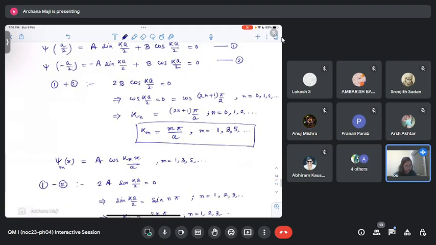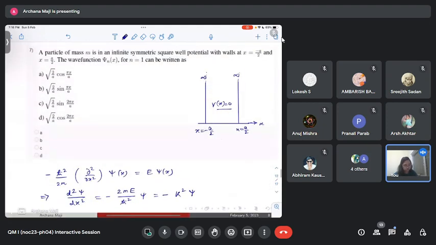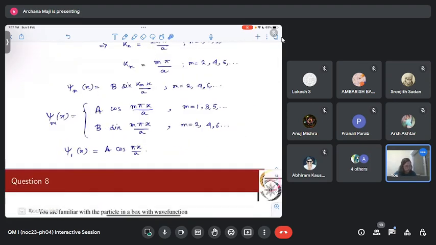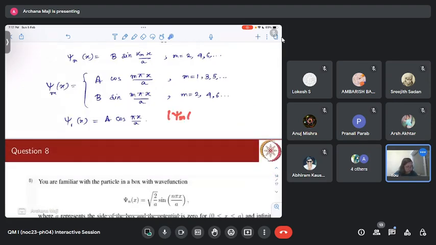Okay, you also need to do the normalization, but you now know it will come out to be square root of 2 by a if you do the integral of mod psi_m of x squared dx equal to 1, integrating not from 0 to a, but from minus a by 2 to a by 2. You will get A to be square root of 2 by a. You get my point, right?